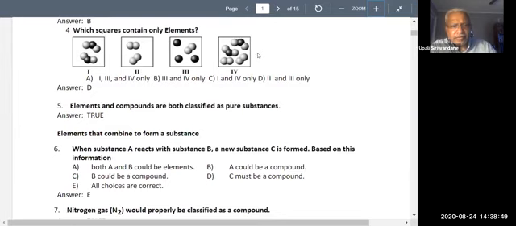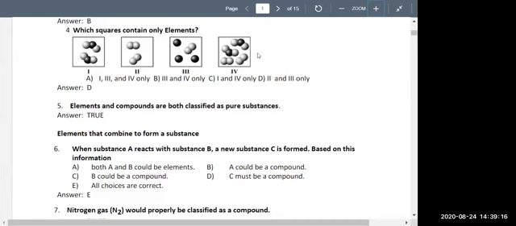You see that? The question is contain only elements. Both 2 and 3 contain elements, but the fourth one contains molecules and elements. Therefore, D is the correct answer. Do you see that? Yes. Okay, good.